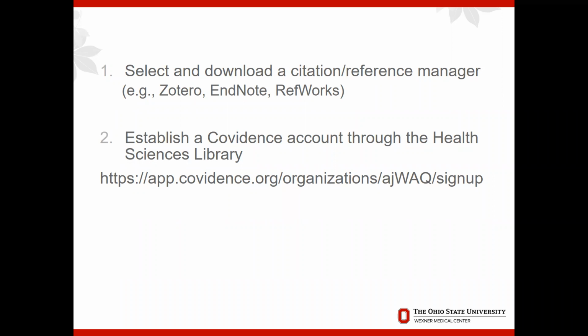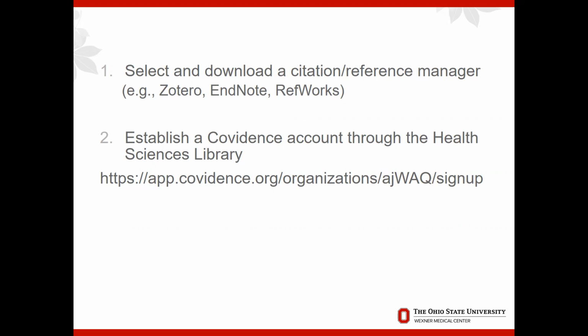And so you can hopefully copy and paste that link into your browser. If it does not seem to work for you, which I know in the past some students have had a little bit of trouble with the copy and paste of this link, you can instead just do a quick Google search for Ohio State Health Sciences Library Covidence, and that should take you to a link, and then you just click the Covidence sign up page.